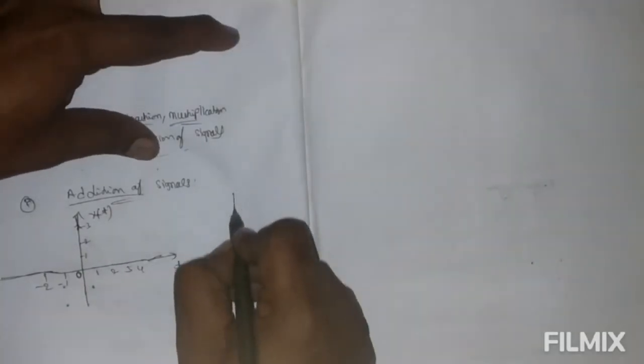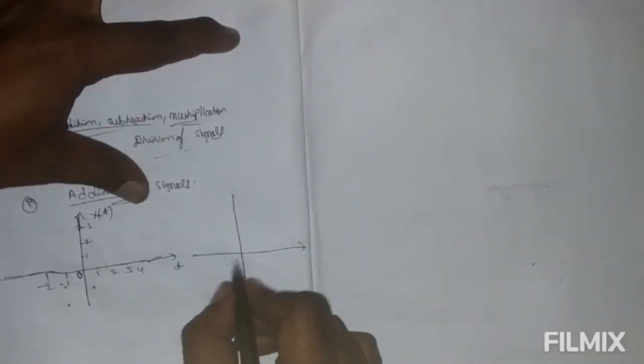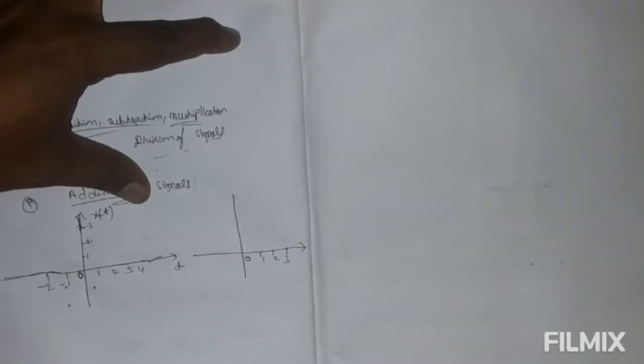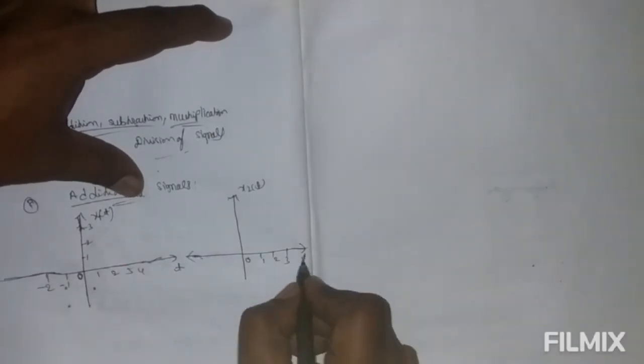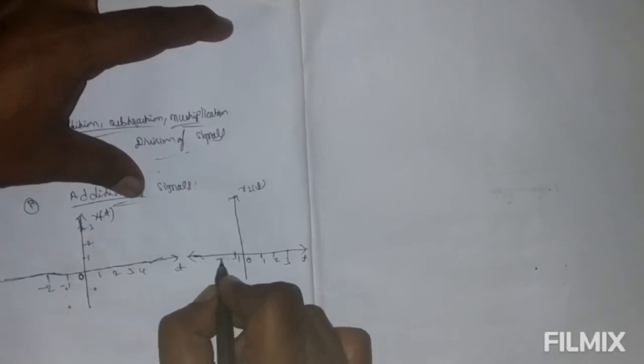This is the x1 of t signal, with time values 0, 1, 2, 3, 4 and minus 1, minus 2. We take another signal, x2 of t, with time values 0, 1, 2, 3 and minus 1, minus 2.